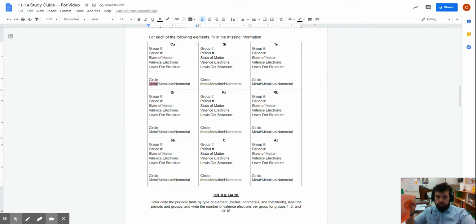So, next, we'll take a look at state of matter. Now, this is something that I can just Google if I really need to. To be honest with you, I put a lot of exceptions on this list, and I apologize for that. State of matter isn't going to be something that will test you over in this unit. So, if you happened to just Google each one of these, it's no problem.